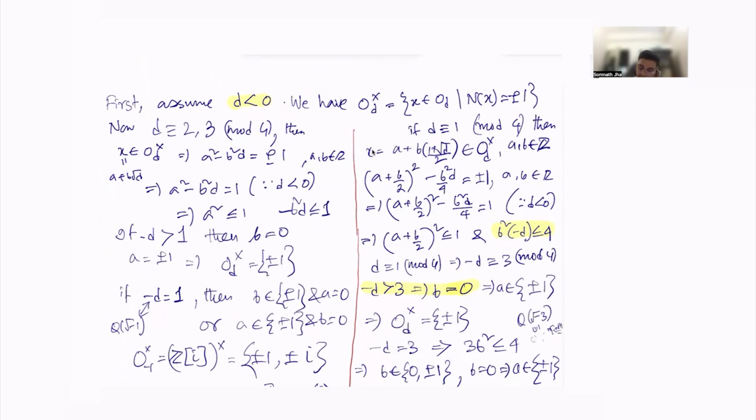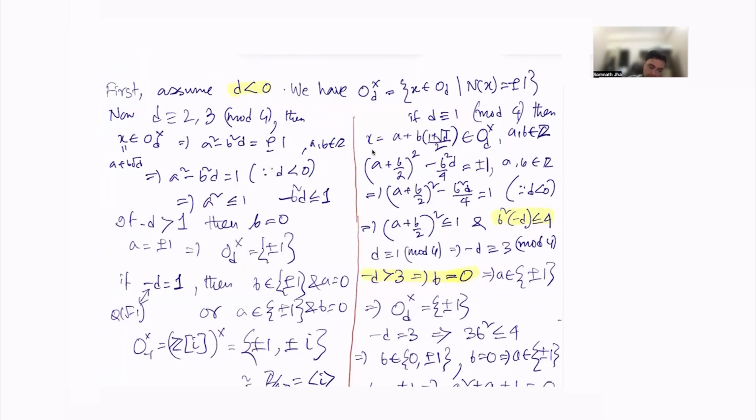This is the cube root of unity, also Q omega, and omega cubed is equal to 1. So this corresponds to d equal to minus 3, which corresponds to Q root minus 3. Okay.